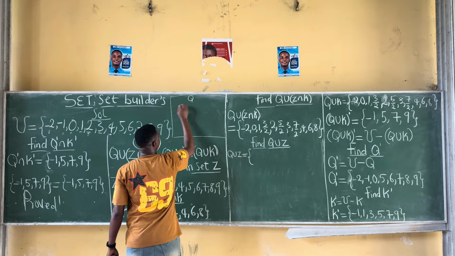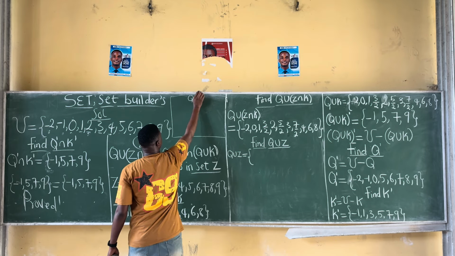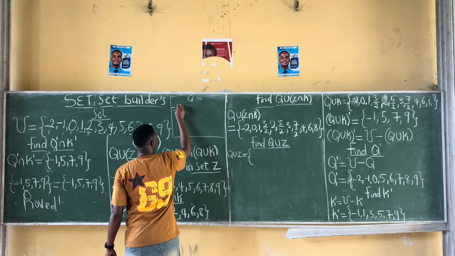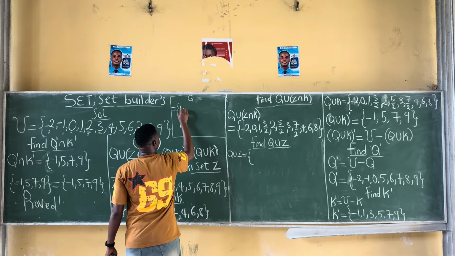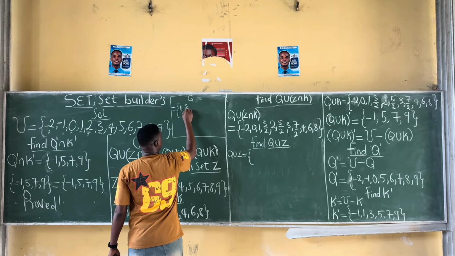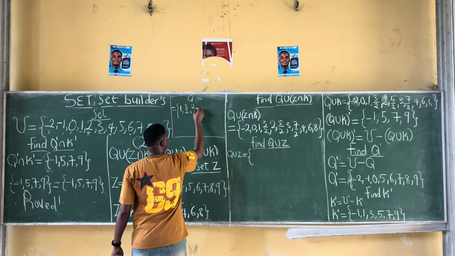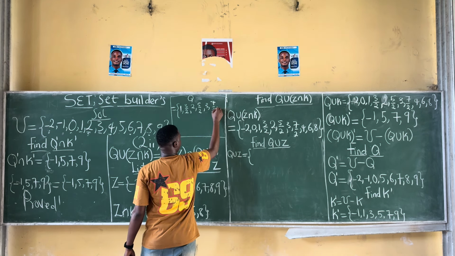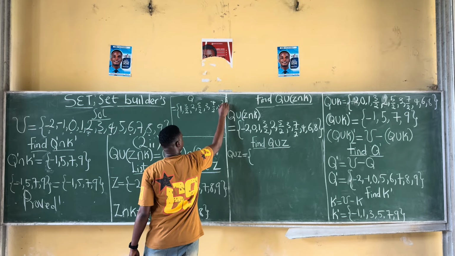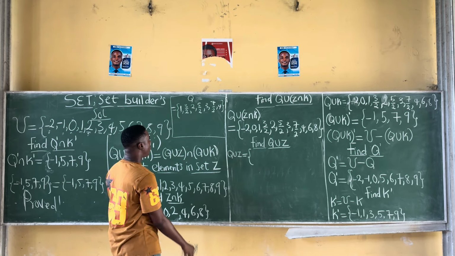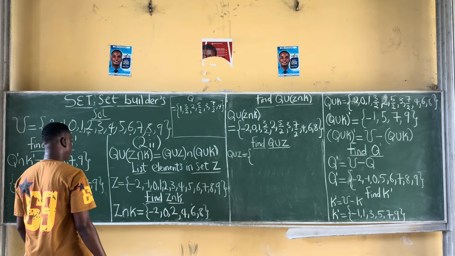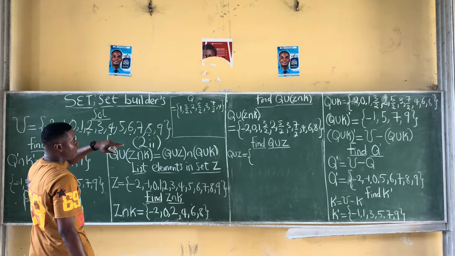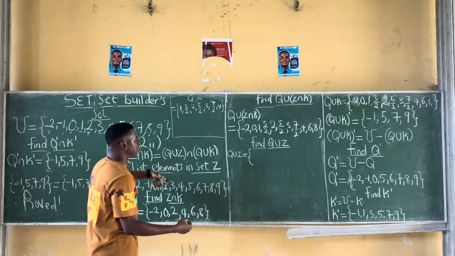Please state the values for Q for me: 1, 3 over 2, 5 over 2, 3, 7 over 2, 4. That's all. Yes. They say it's union, not intersection.